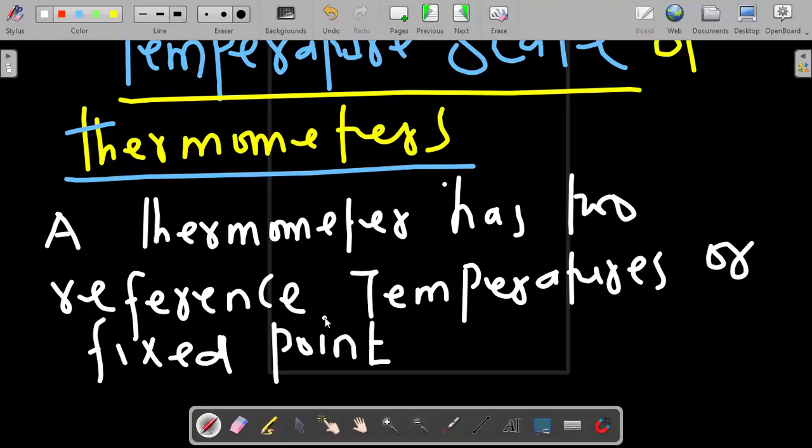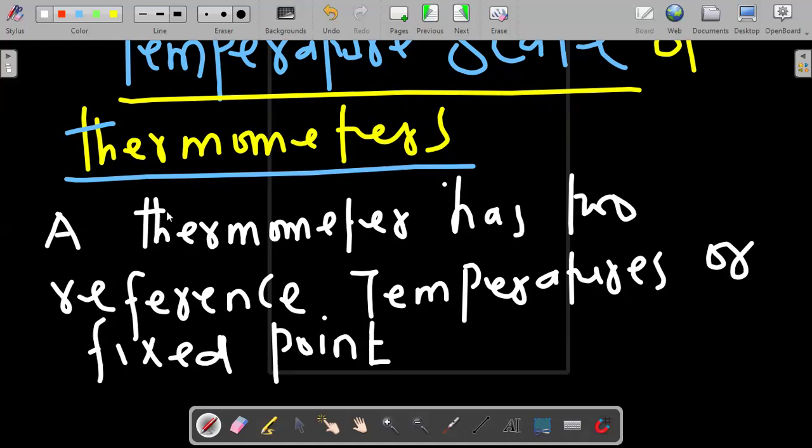So let me explain this to you. A thermometer has two reference temperatures or fixed points. Let's use what we all know, which is the clinical thermometer, or the liquid in glass thermometer. That's why it's called that, because the thermometric substance is liquid. Before you use it, the thermometric substance will be at a certain level.